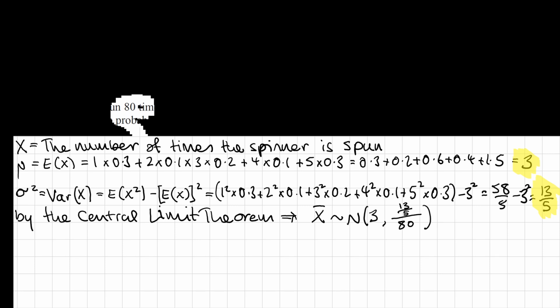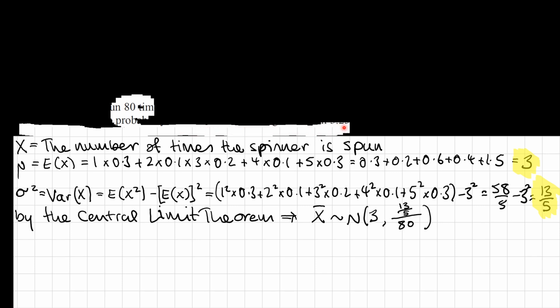Now we want to find an estimate of the probability that this sample mean will be greater than 3.25. So we want to find the probability that X bar is greater than 3.25, or greater than or equal to, it doesn't matter, it's a continuous distribution. If you want to, draw that out so you can physically see what it looks like.